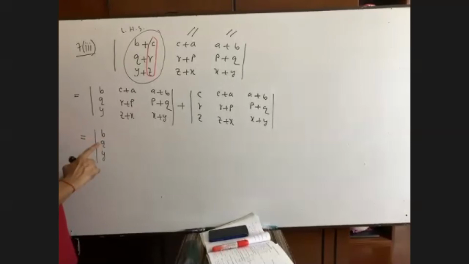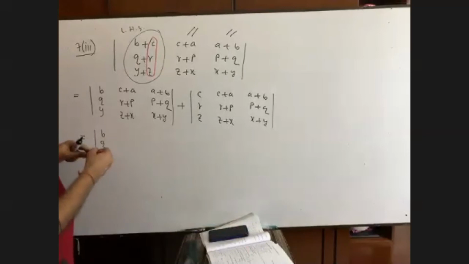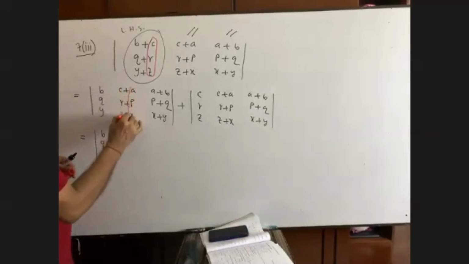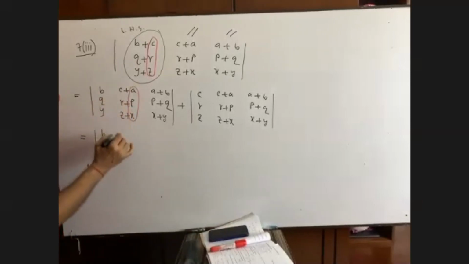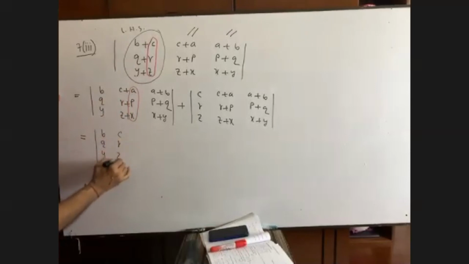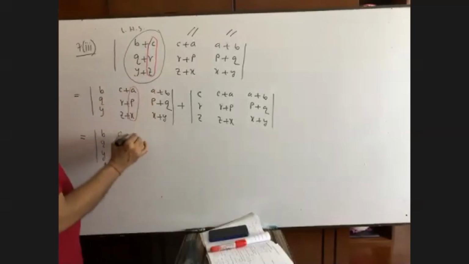Can you see the board properly? Now we'll have functioning only on this part. That means CRZ, it is what?